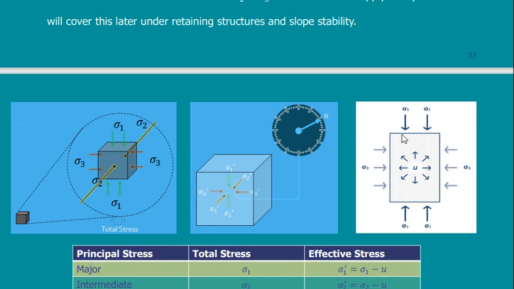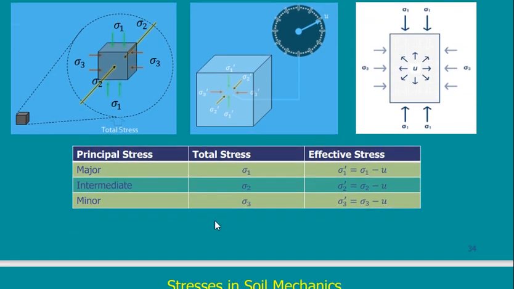So these are the stresses, sigma 1, sigma 2, and sigma 3. And this is the stress of water that is affecting any point with the same value. So if I come to define these stresses, I have sigma 1, which is the total stress at any point of the soil, which is the vertical stress.